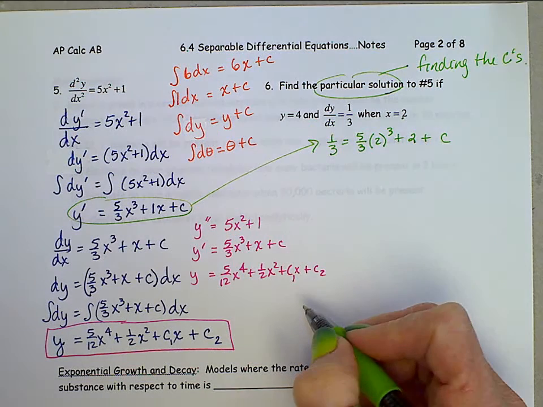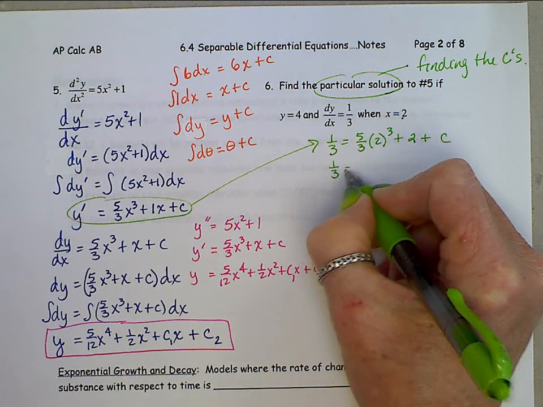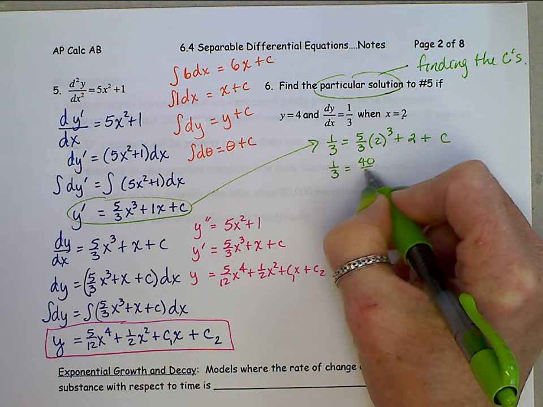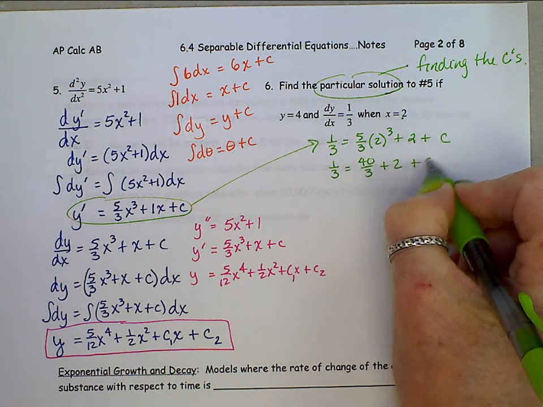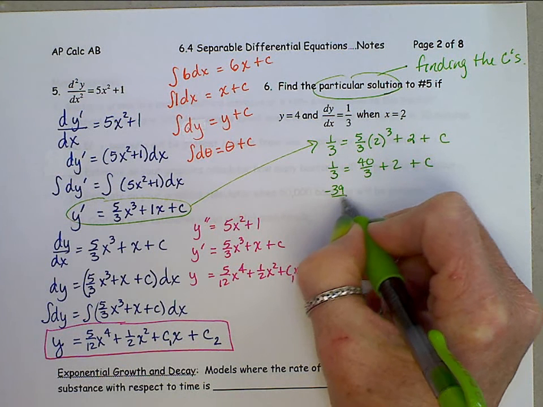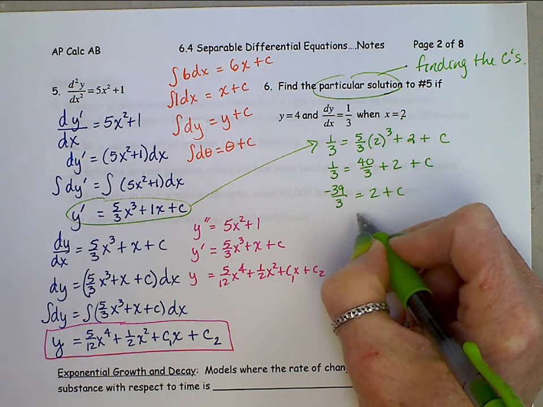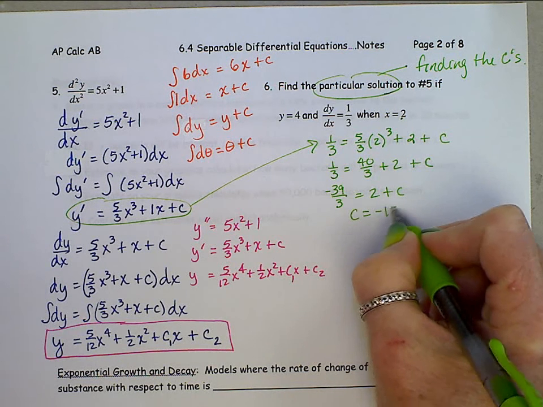Okay. Let's see, 8 times 5, 40. So we have 1/3 is 40/3 plus a 2 plus a c. Subtract that 40/3, that's negative 39/3, which is negative 13, which means c is negative 15.